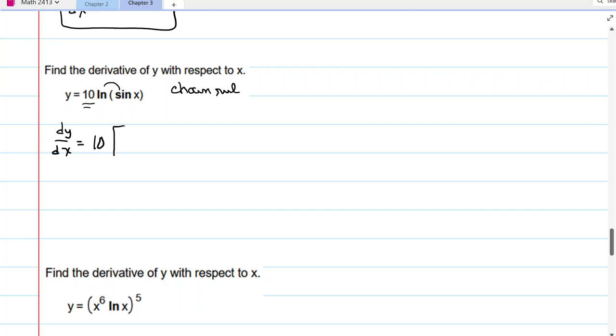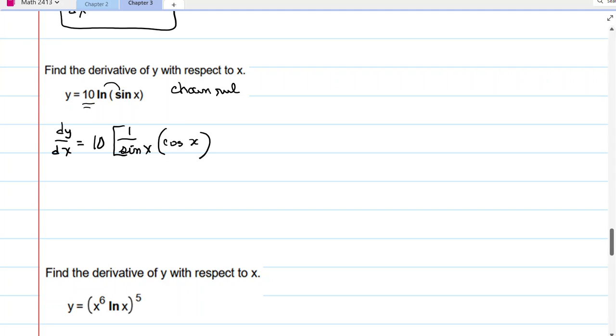I'm going to put a bracket. You don't have to, but I just want to make sure I'm confident of what I'm doing. 1 over sine x, and then we need the 1 over u du, so that would make it cosine x.